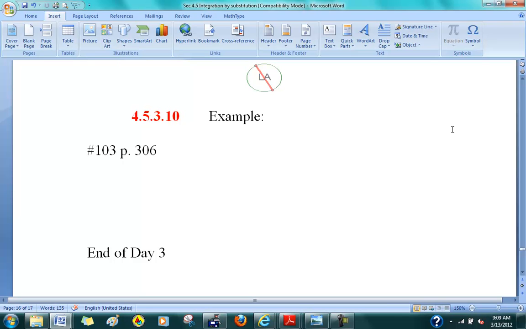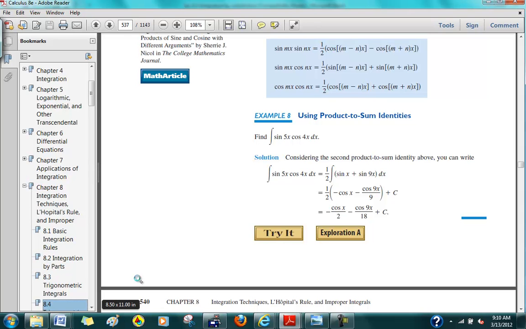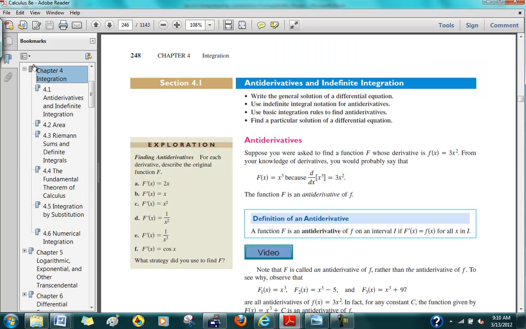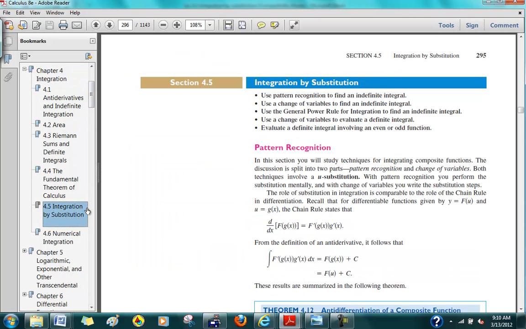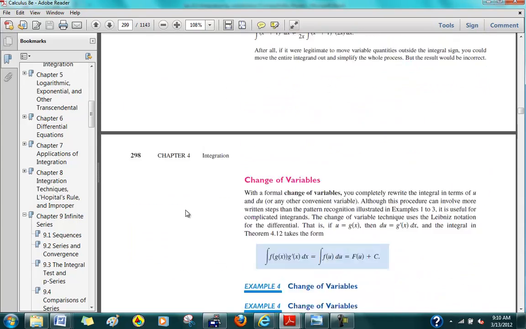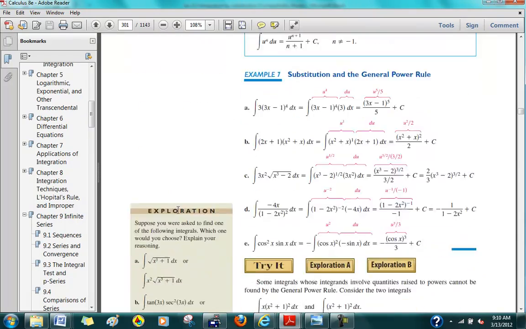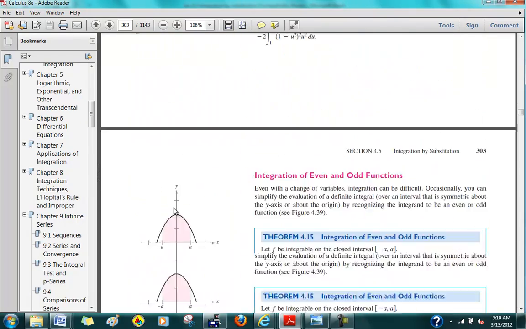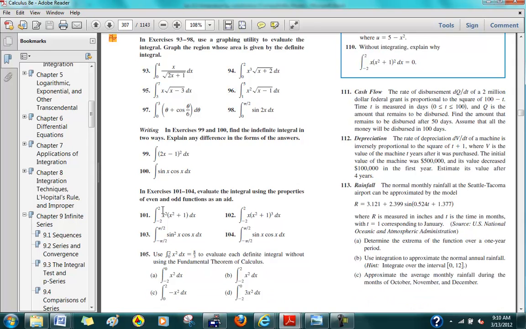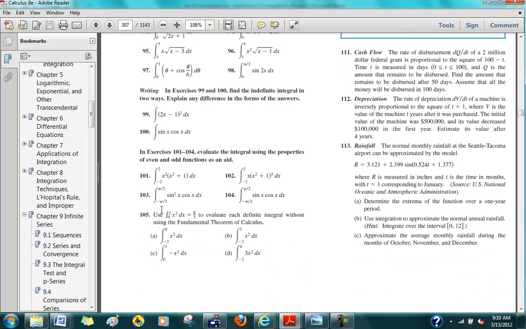Okay, so page 306, number 103. If you read the instructions in there, it tells you to evaluate the integral using properties of even and odd functions.